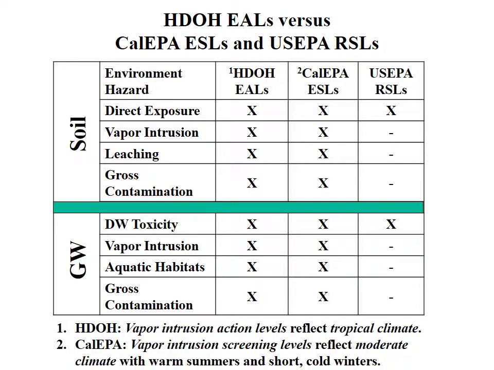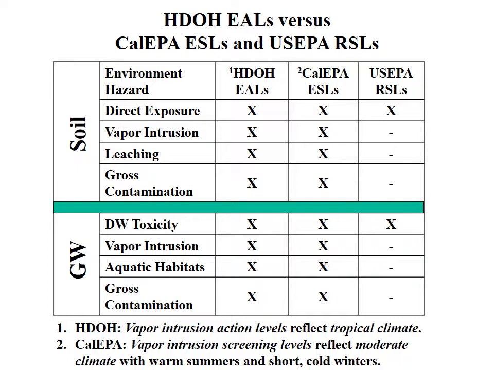Another difference with California ESLs for vapor intrusion, as we discussed before, is that the ESLs in California reflect a colder climate than we do here in Hawaii. So they assume that buildings are heated for part of the year, not as much as, say, in the Midwest and New York. So there's less fresh air flowing through buildings. They're heated part of the year, so you have a higher rate of vapor entry during the cold weather months.